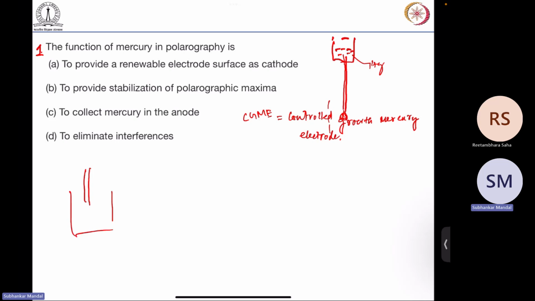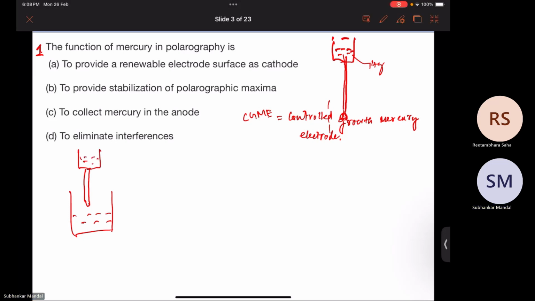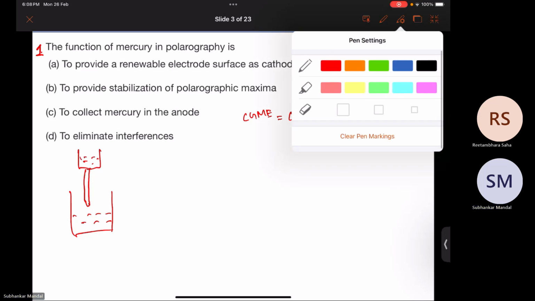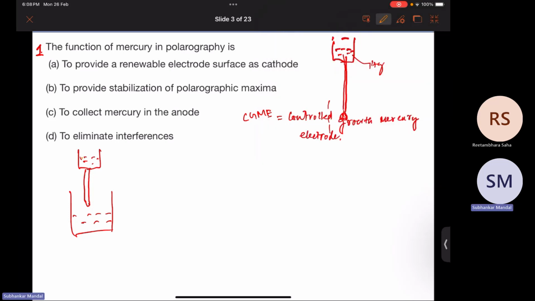You have a container which contains the electrolyte, and you have a long capillary, where you have a mercury drop dropping into your electrolyte, and it is connected with the potentiostat and another electrode in another container.